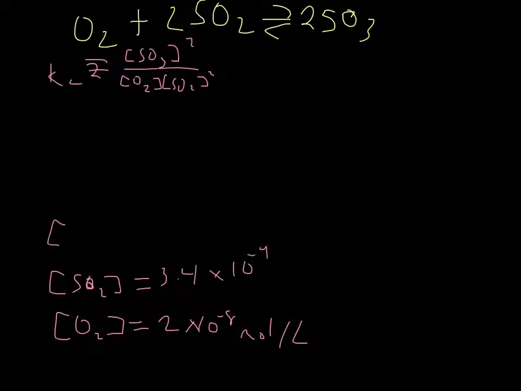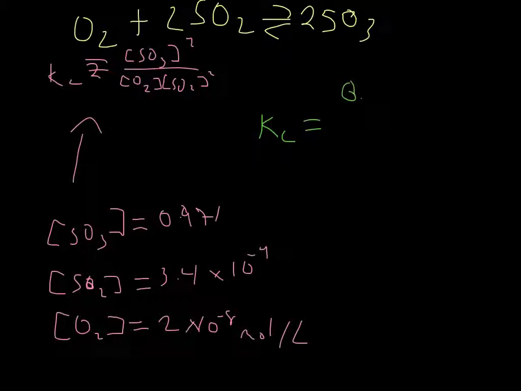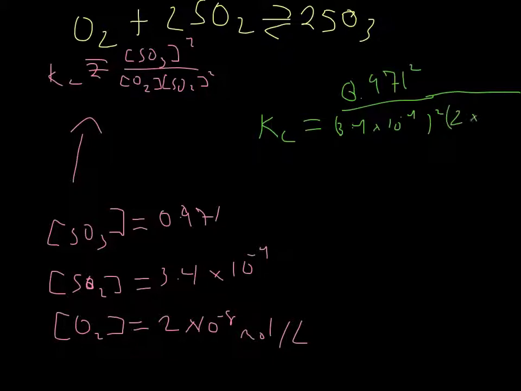I told you that SO3 was 0.971. Well, we just plug this into our equation, solve for Kc. So our Kc equation will look like Kc equals 0.971 squared over 3.4 times 10 to the negative 4th squared times 2 times 10 to the negative 8th.